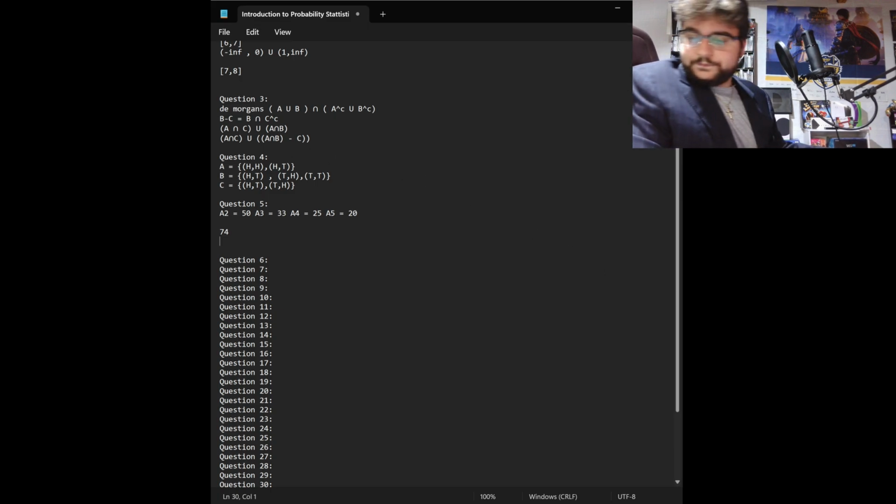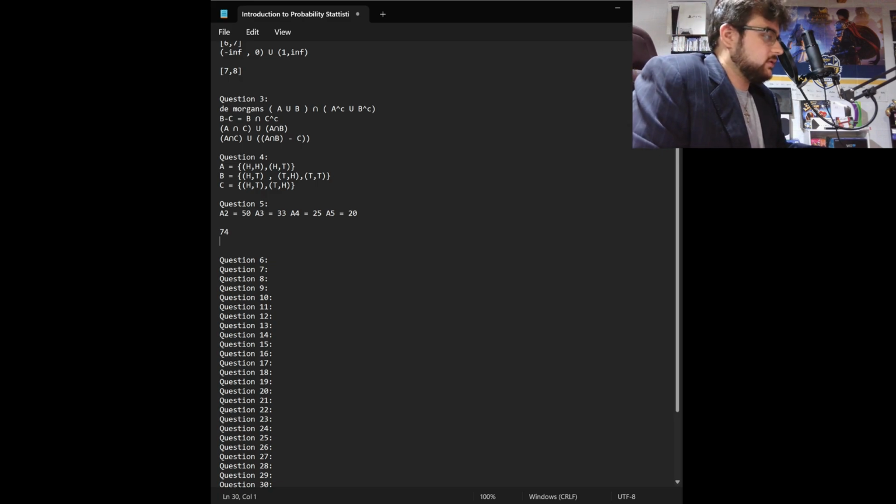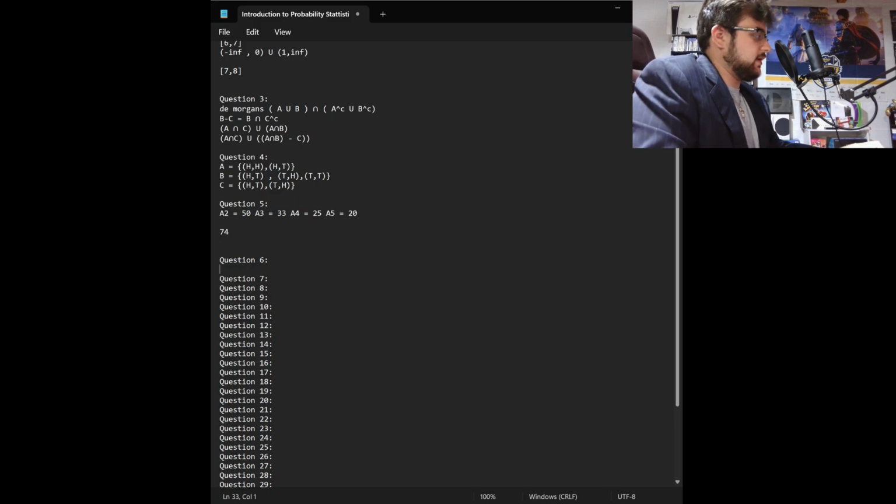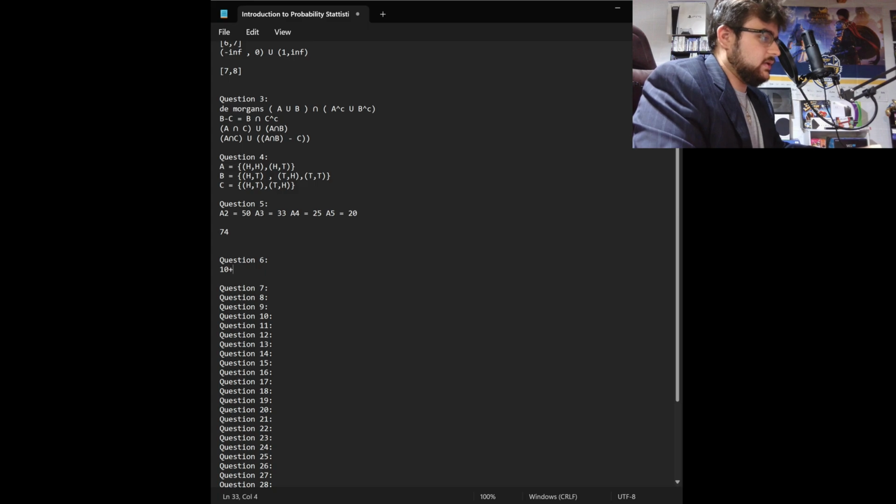All right. Suppose that A1, A2, A3 is a partition of the universal set S. Assume that we know the sizes. Find B. That is a super easy problem. It is 10 plus 20 plus 15 equals 45.